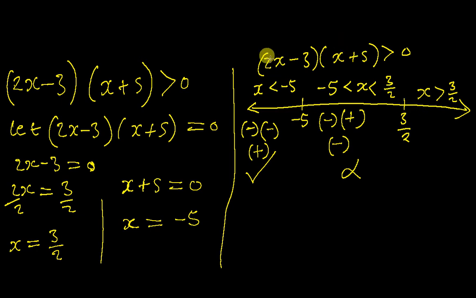When you put 3 there, this will be 3 times 2, 6 minus 3. That will be positive 3. Then we put the same 3 here. 3 plus 5 will simply be 8, which is also positive. So positive times positive, the answer is positive. So is a positive number greater than 0? Yes. All positive numbers are greater than 0.